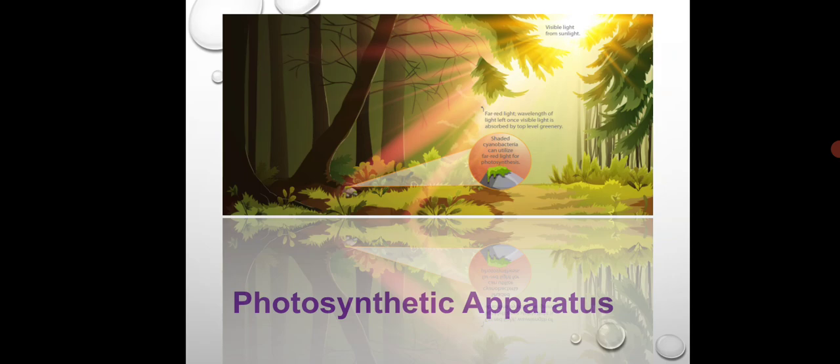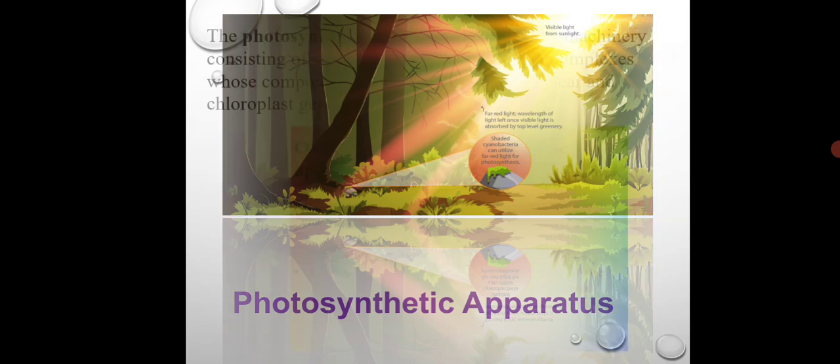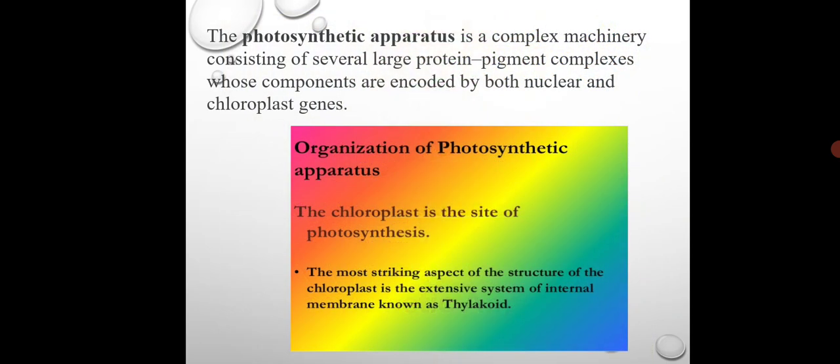It is an instrument in which we carry out the reaction. The same is the concept related to the photosynthetic apparatus: it is a reaction center in which the photosynthesis process is carried out.